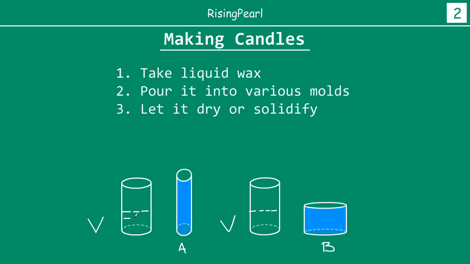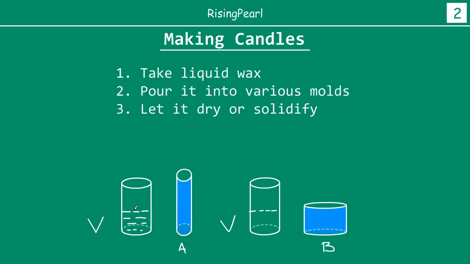So this liquid wax that we initially had was poured into this mold, and that made this candle. So what is the connecting factor between these two?